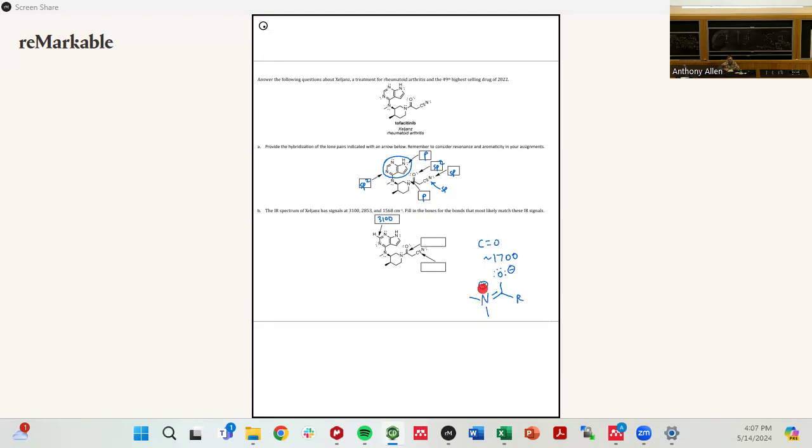And then a positive charge on nitrogen in terms of energy isn't that destabilizing. So this is actually a pretty important resonance form. It lowers the bond order at CO, so it goes from a double to a single bond. This is then a weaker carbonyl, a weaker C double bond O.